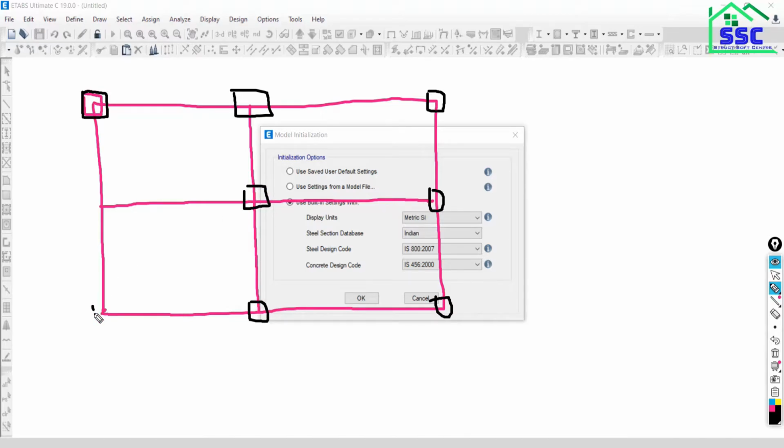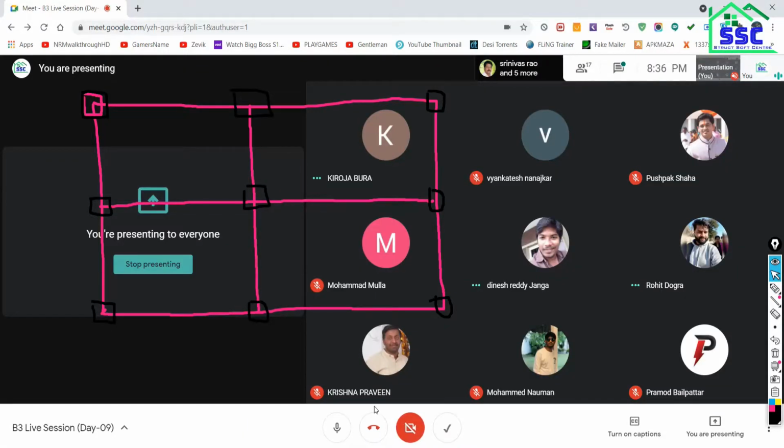Let me know which column is okay. You are all well aware of a uniaxial column, biaxial column, and concentric column. Do you have any idea about these terms? Uniaxial column, biaxial column, concentric column. Is there any confusion to anyone?